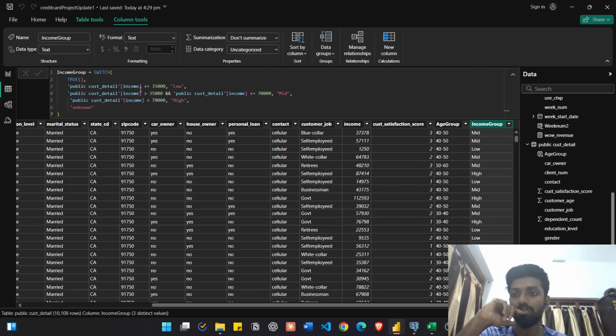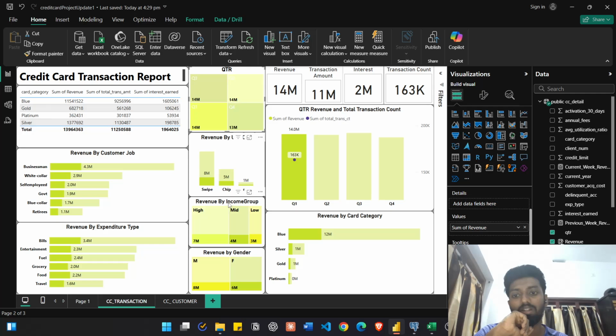If the value is less than 35K, then it is low. If it's greater than 35K and less than 70K, mid. Greater than 70K, it's high. So three values for income group. We used a DAX function to create this column, and with its help we created this report. So high, mid, and low, and how the values have been segregated for it.